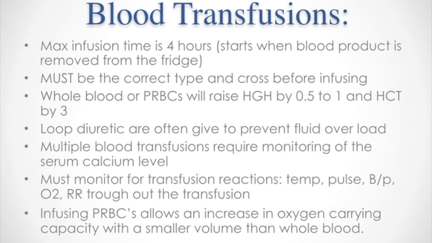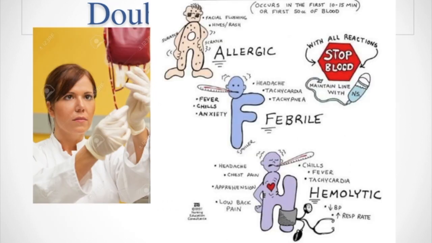The most important vital signs are temp, pulse, BP, oxygen, and respiratory rate throughout the transfusion. And by infusing packed red blood cells, we're also going to increase the oxygen carrying capacity. And so that is an important consideration as to why we actually give blood many times.